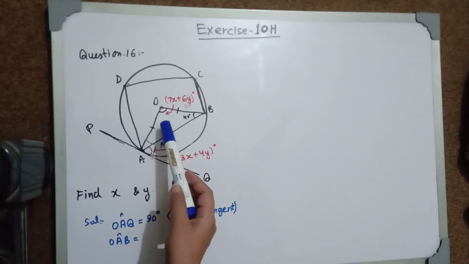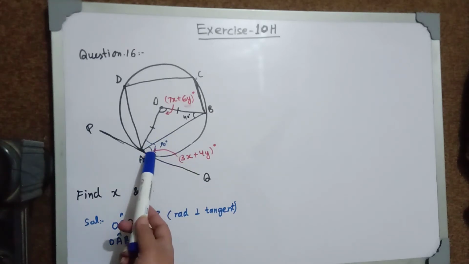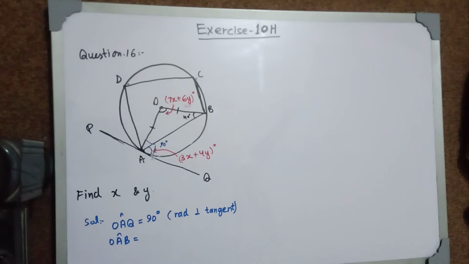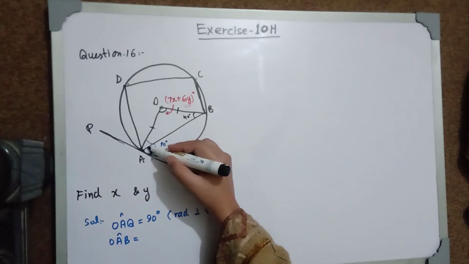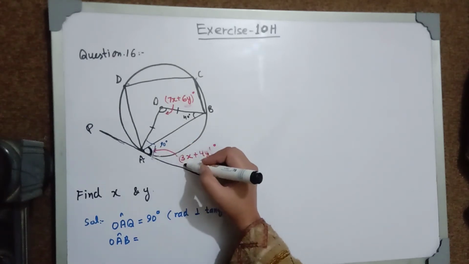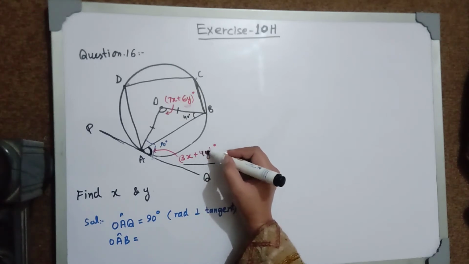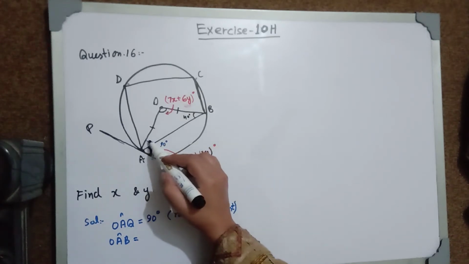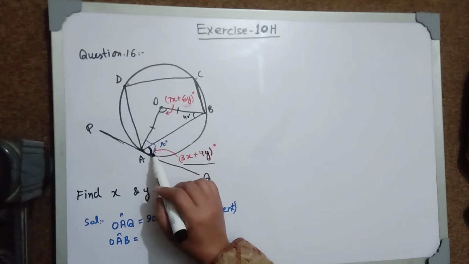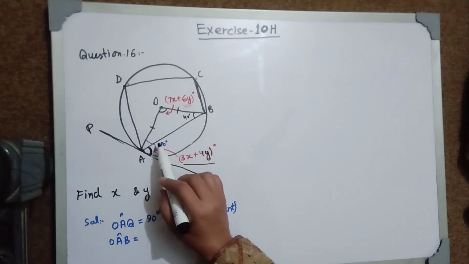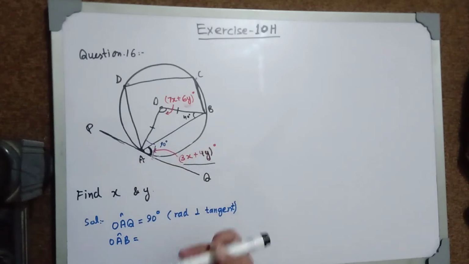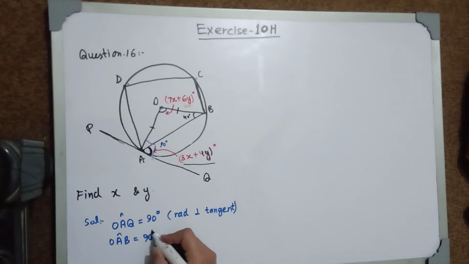So to find the angle OAB, I will subtract this angle from 90 degrees. So OAB will be equal to 90 minus (3x plus 4y).